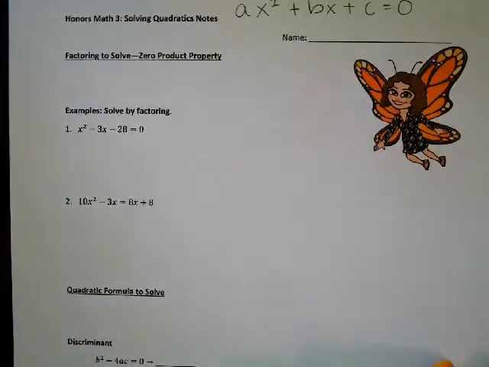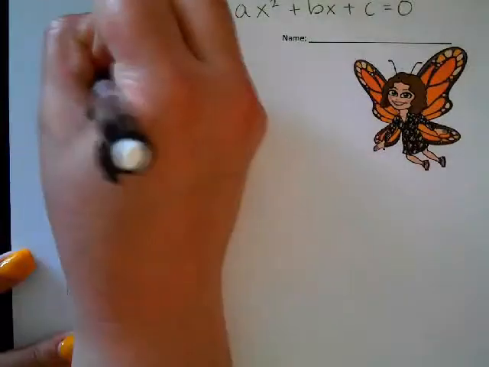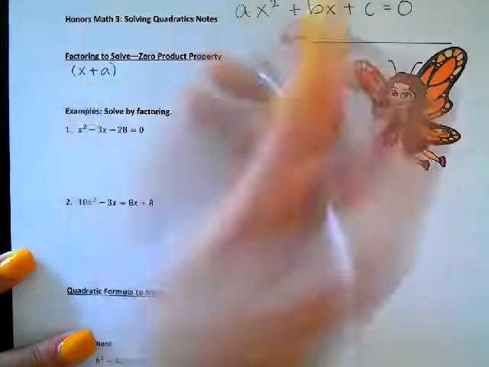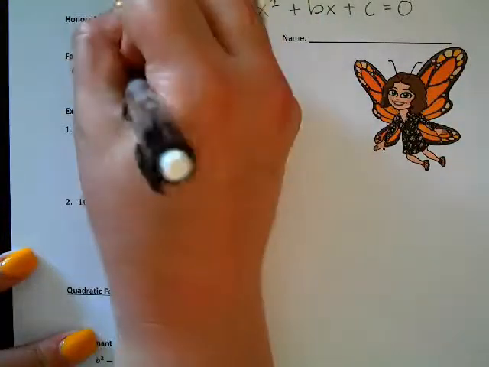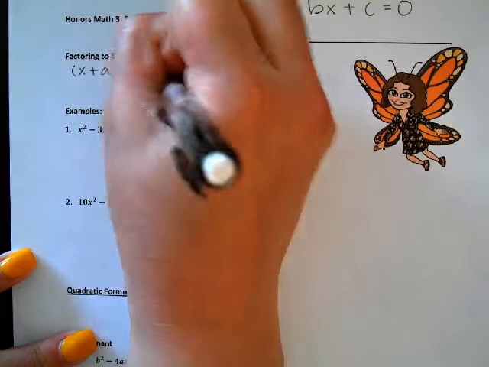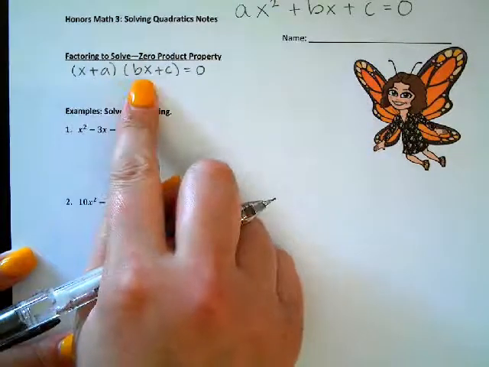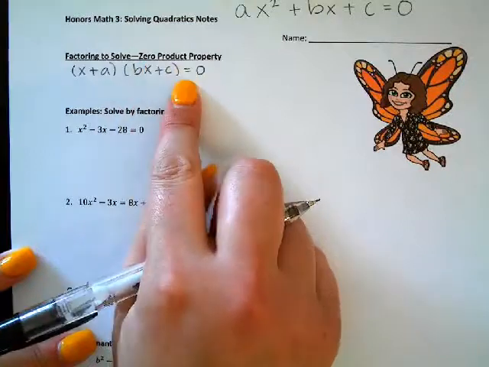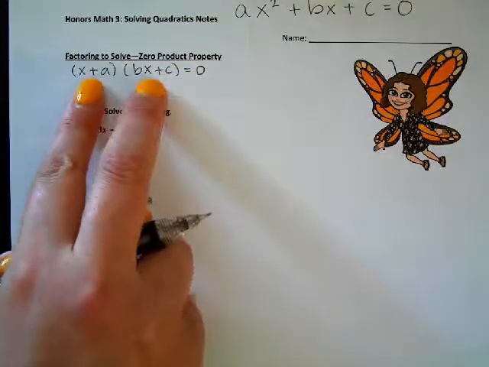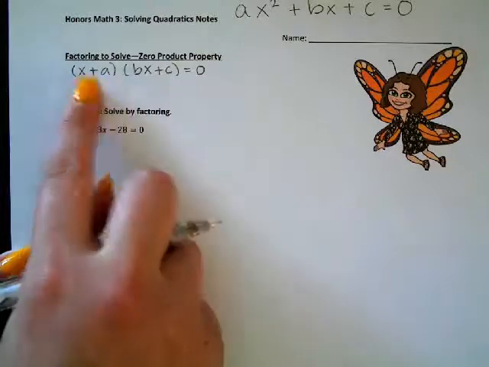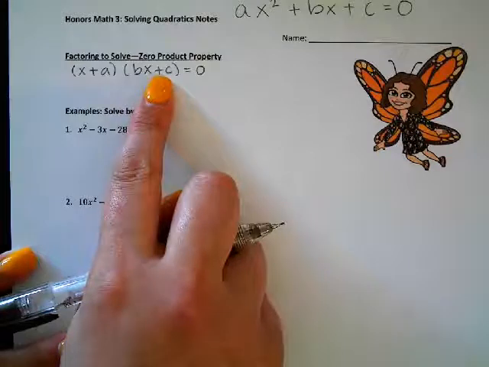So when you factor to solve, you might have something that looks like this, x plus a, a binomial factor where the x does not have a coefficient, or you might have something that looks like this, bx plus c. So when you factor to solve, we use something called the zero product property. What the zero product property says is that when you multiply two numbers together, the first set of parentheses represents one number, the second set represents another number.